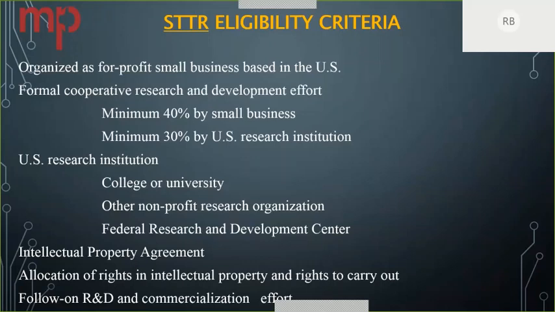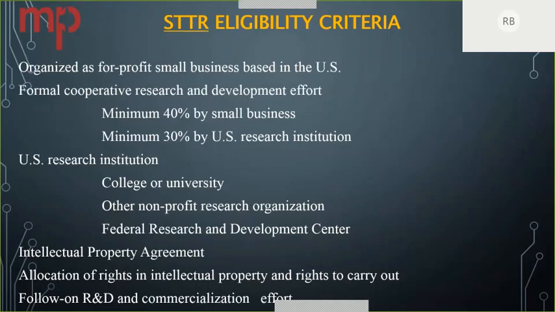Formal cooperative research and development efforts. Minimum 40% must be done by the small business and a minimum of 30% by the U.S. research institution. What's a U.S. research institution? College or university, a nonprofit research organization, a federal research and development center.